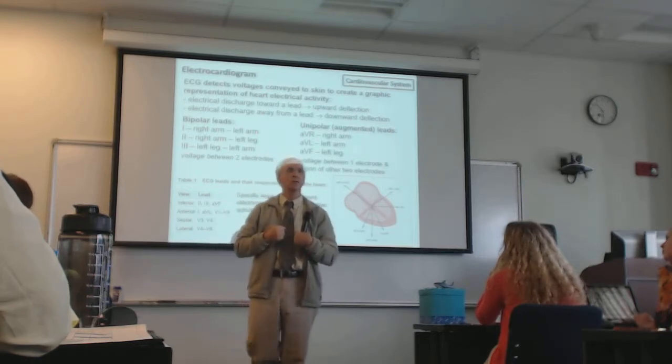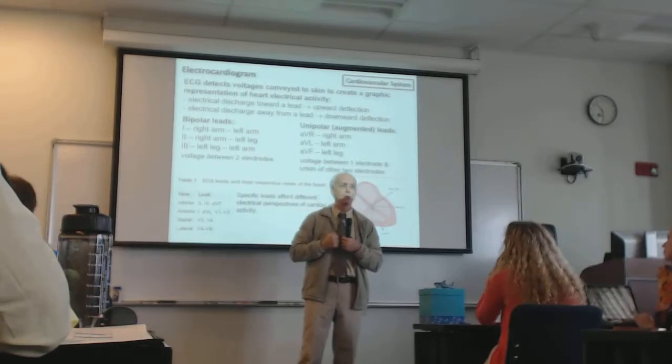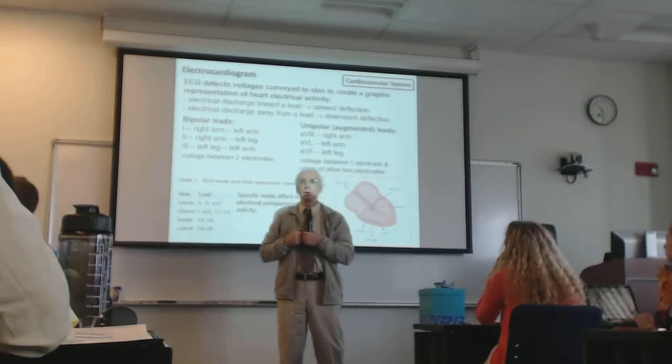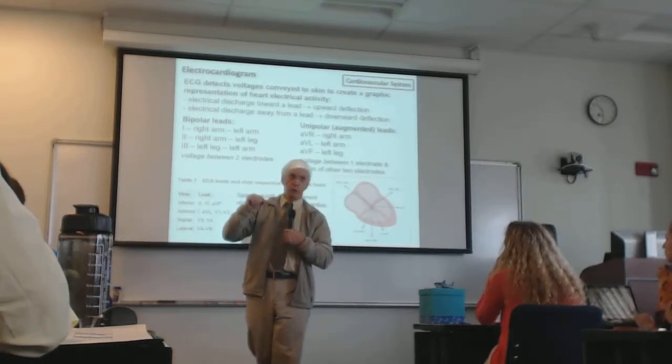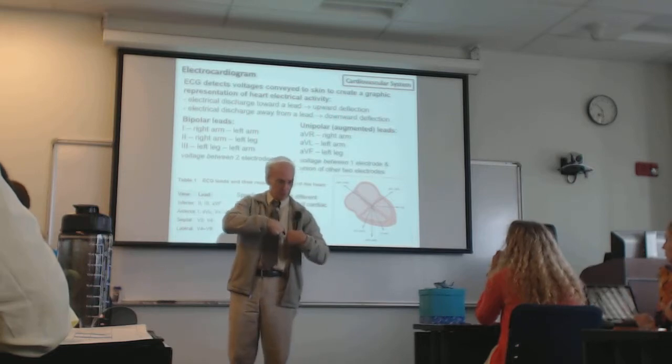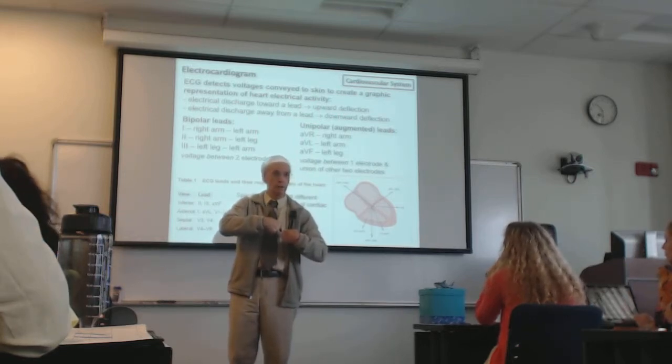What's the definition of voltage that we talked about earlier in the year? Difference in charge between two points in space. So if I have a small distance, or if there's no difference in charge, I'm not going to get a voltage.